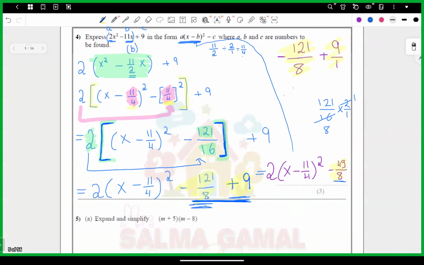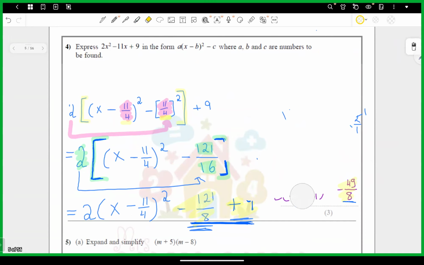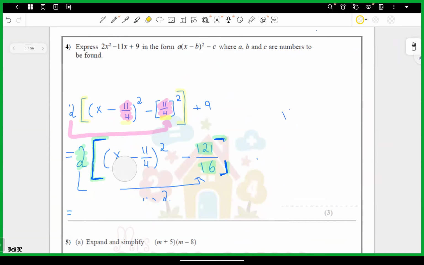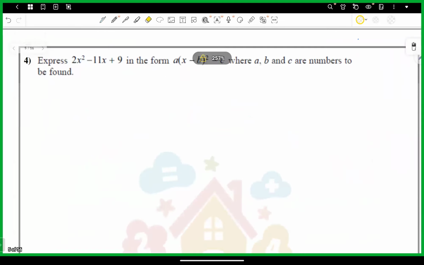Exactly like this. I have here in this kind of question, this is quadratic, a completing the square question. So I will do it with you now. I have here in this question, the coefficient of x squared equals 2.